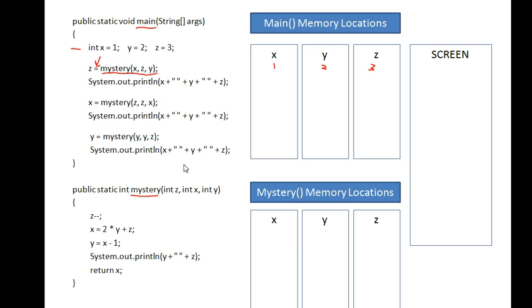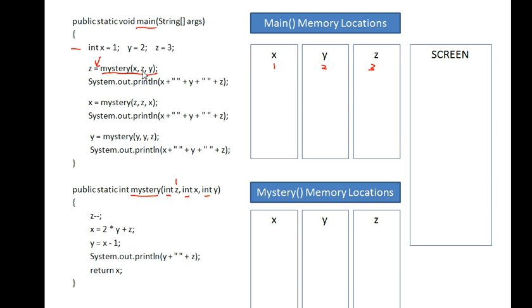So it finds mystery, and we see that mystery, in order to receive any parameters here, needs to have an int. Then the second argument needs to be an int, and another int. And so mystery then passes the value of x, which is 1, to the first parameter.